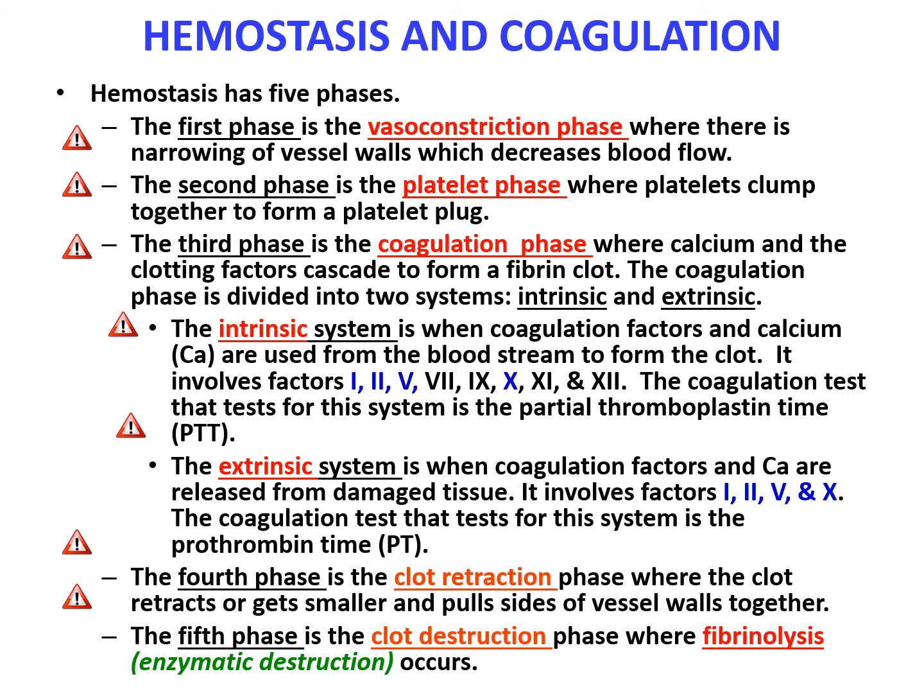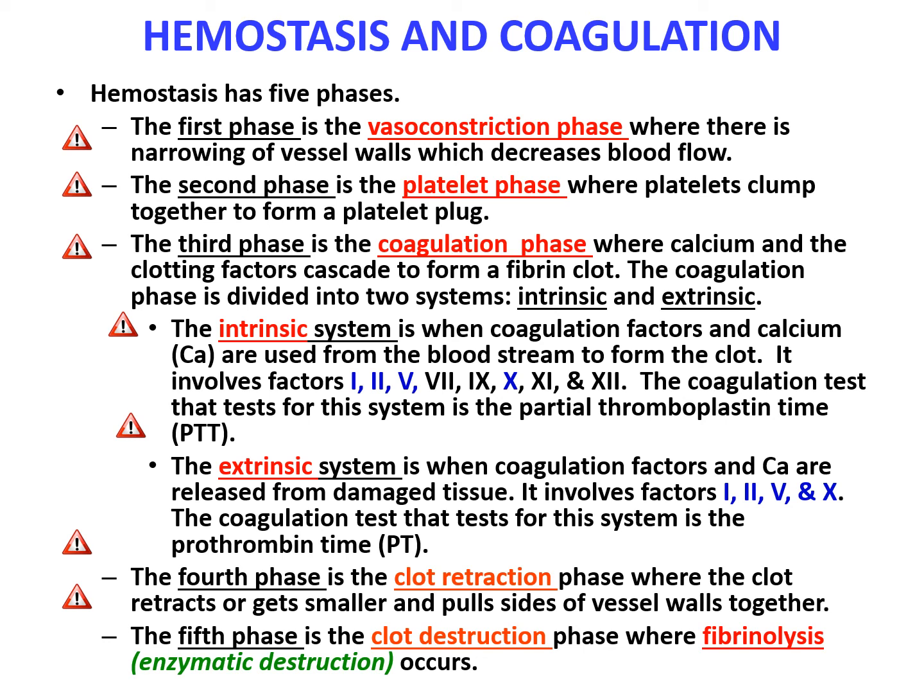So the second phase is that platelet phase, okay, where the platelets clump together to form that platelet plug. And we also know they release some chemicals and things of that nature as well, right? And then that third phase is the coagulation phase. Okay, y'all, there's a lot involved in this, okay? And we will go over this with another handout about the cascade of it all, okay?